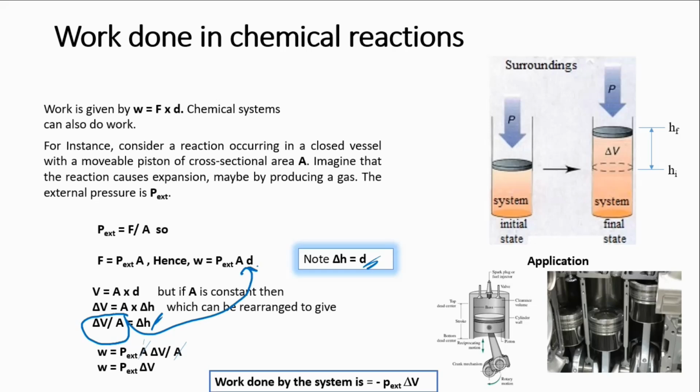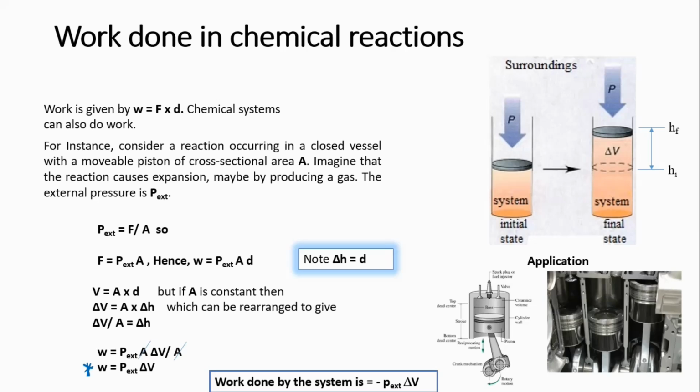Once you do that, you will have work is equal to P external times A, now times delta V over A. A will cancel A, so look at what you have remaining. Work is equal to P external times delta V.